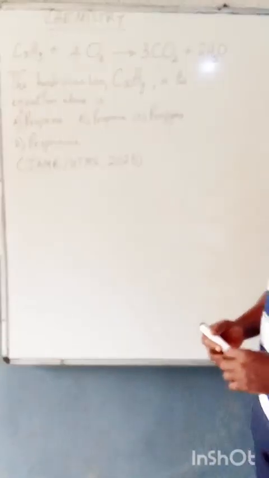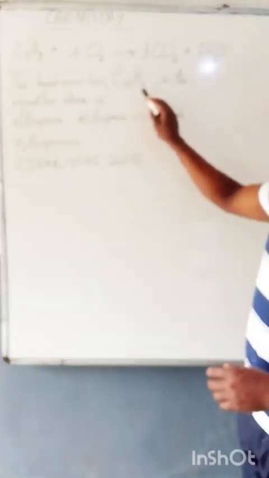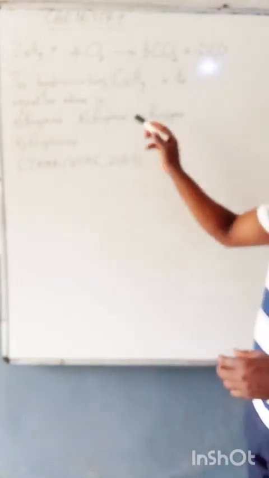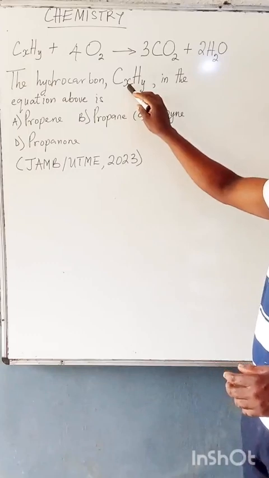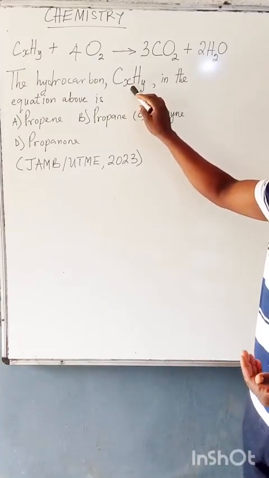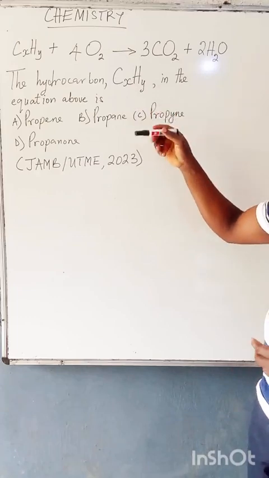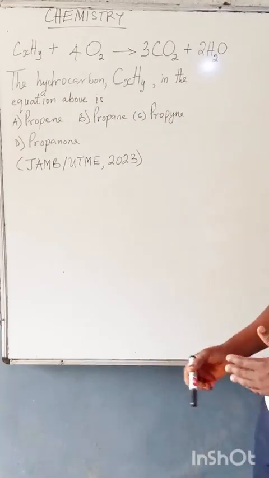And from what you can see on the board, the x and the y are subscripts. They are omitted. We do not know if x is 2 or 3 or 4 or 5, and then the y, we do not know if it is 1, 2, 3, 4 or 5. We are going to find out.